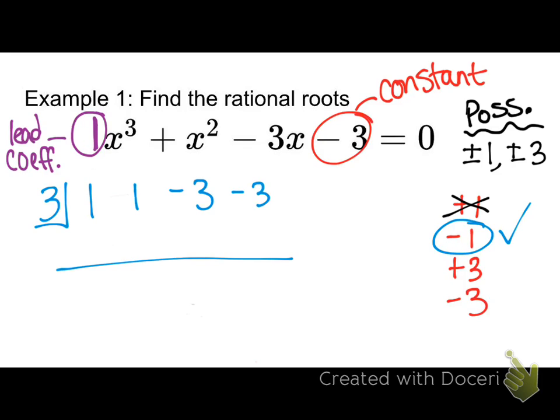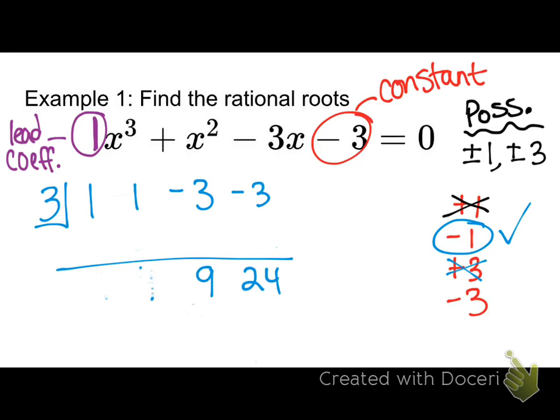Okay. Drop the 1, multiply, add, multiply, add, multiply. Does this one work out? No, because we don't have a remainder of 0. So we can cross positive 3 off our list.